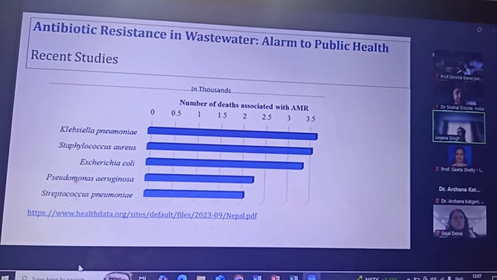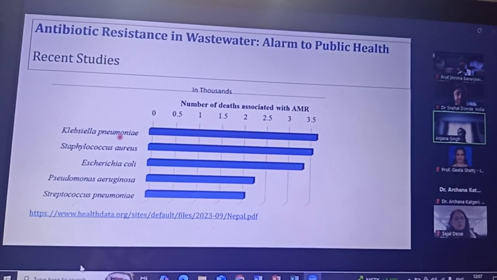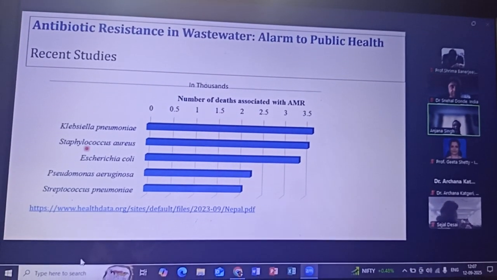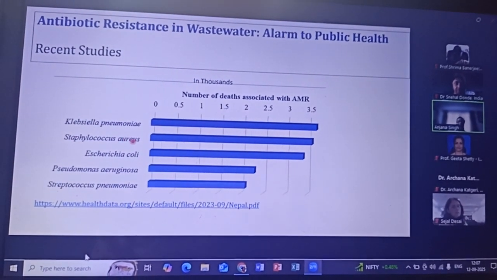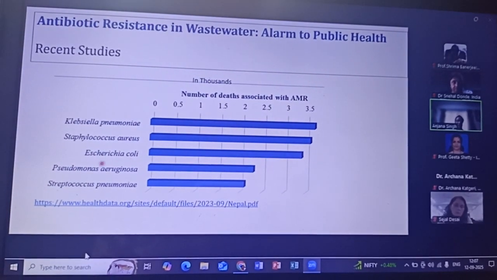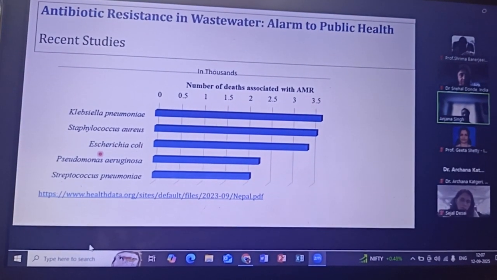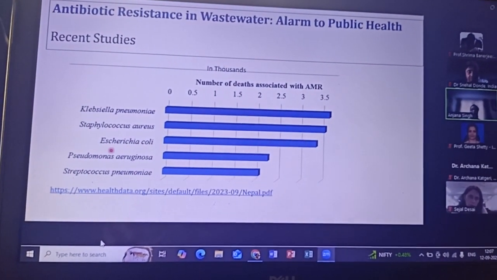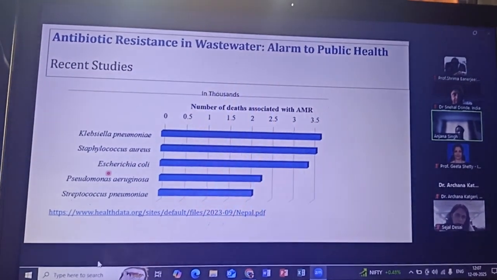It is mostly due to Klebsiella pneumoniae, followed by Staphylococcus aureus, though it is a normal flora, and E. coli, which is from fecal oral contamination, also showing a high rate of deaths caused by AMR strains.